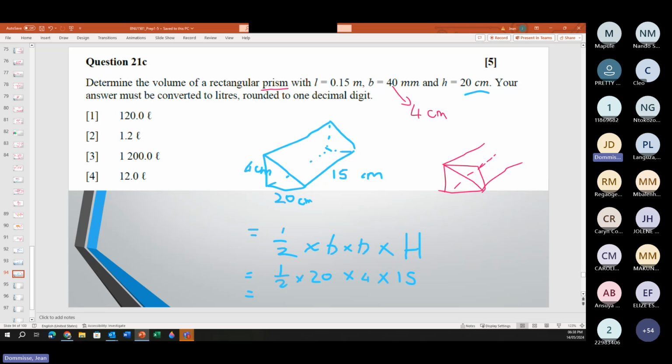You need to have a course in higher English as well to do this, because I would have gotten 6,000, which would have been 6 liters. So I was nearly not getting any of these answers. Thank you for that. Rectangular prism. Sheesh.